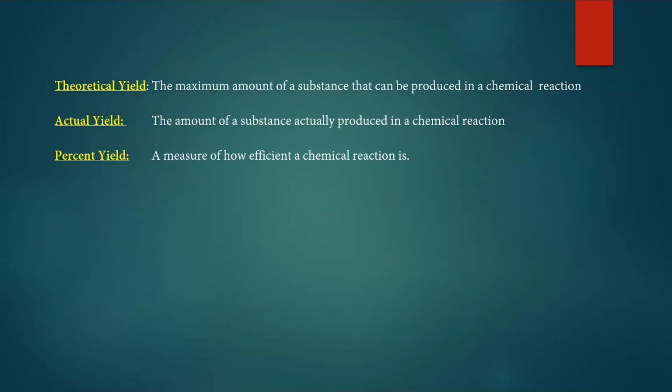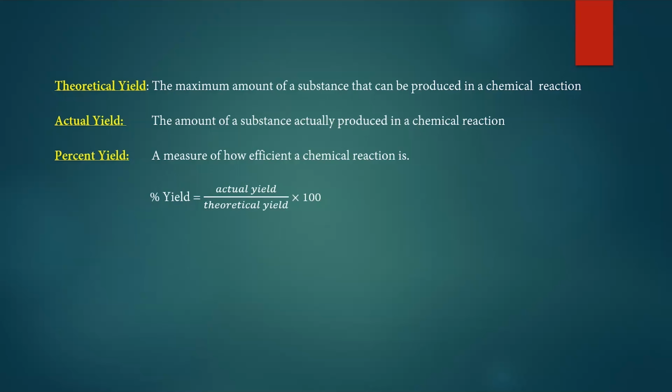So the percent yield, as we said before, is simply a measure of how efficient a chemical reaction is. And we calculate that by looking at the actual yield and the theoretical yield. The actual yield is what we got in the experiment. The theoretical yield is the best we could do, which we've calculated from stoichiometry, and then we simply multiply that by 100.